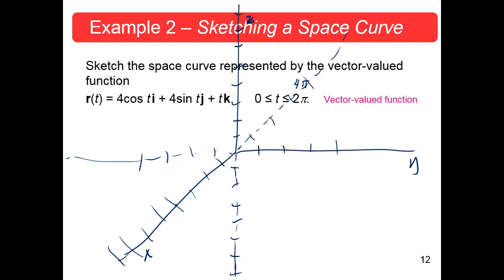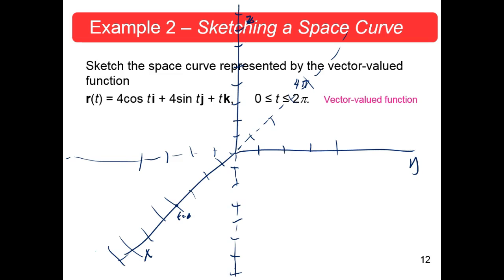Y when t is equal to 0 is 0, so we're still right there on the x-axis. Z when t is equal to 0 is 0 also. So this is exactly where we are. This is our starting point. T is equal to 0, right there: 4, 0, 0. All right, let's go to pi over 2.